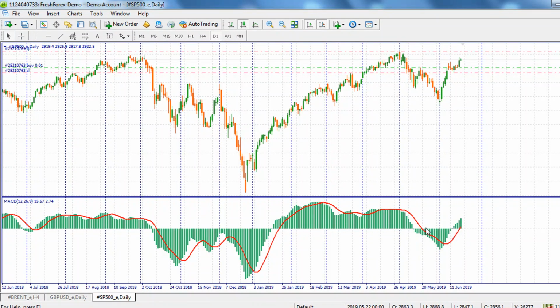Anytime you have the signal below 0 and you also have the columns of MACD below 0, that is a sign that we are heading to the lower side. And anytime you have the columns of MACD above 0, and the signal, which is the red line, also above 0, that is a sign that we are heading upwards.